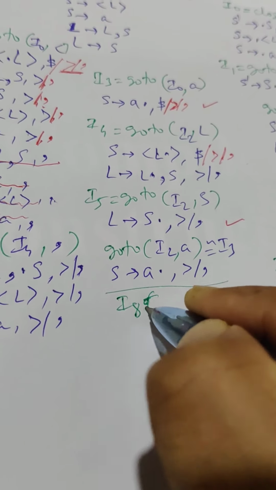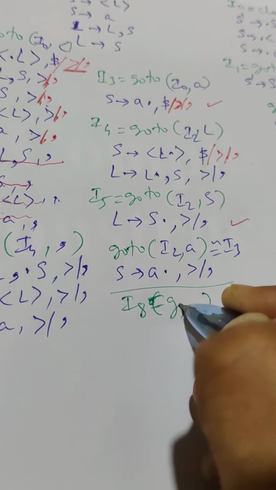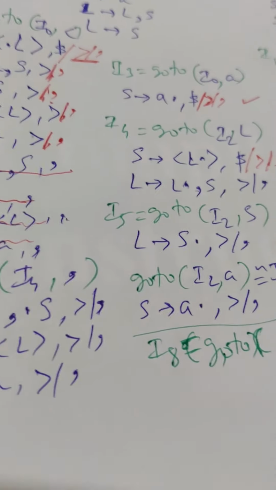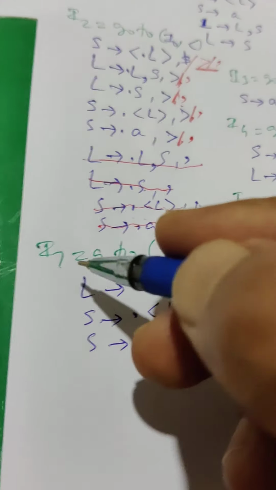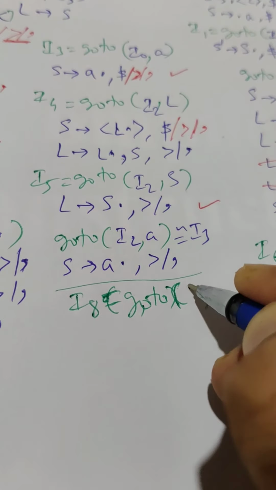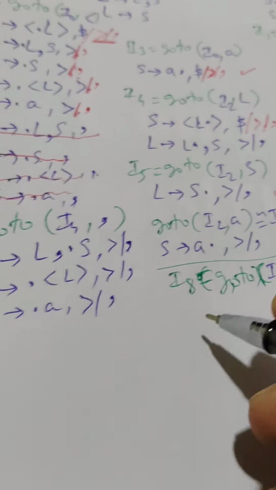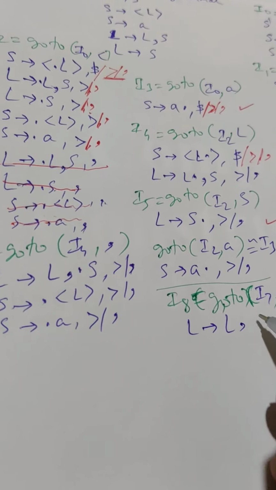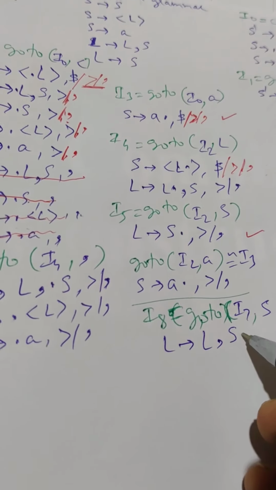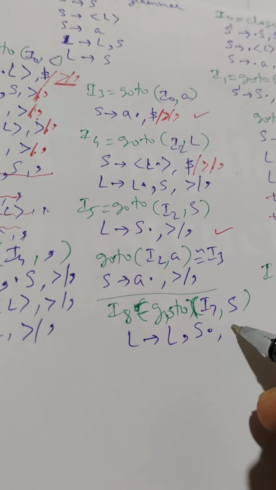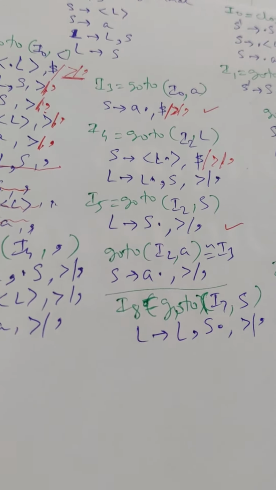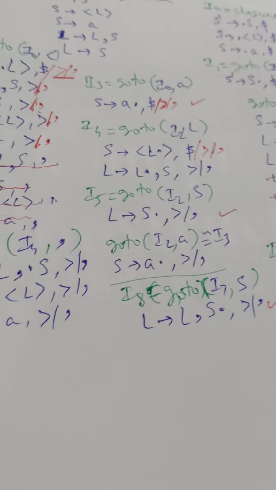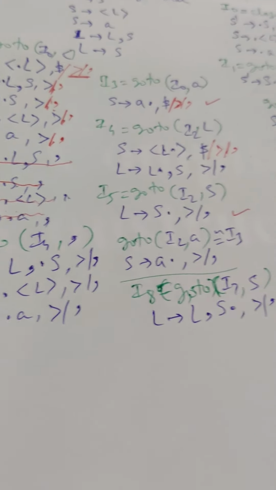I8 is going to be goto of I7 comma S. So that is going to be L goes to L comma S dot. That's a finish rule, and lookahead is greater than or comma. Remember this. Now, is there anything else?